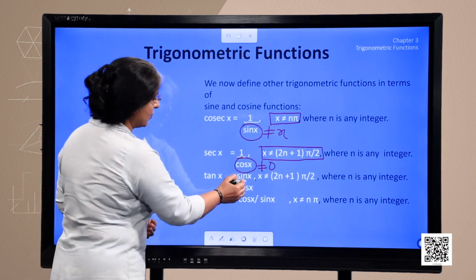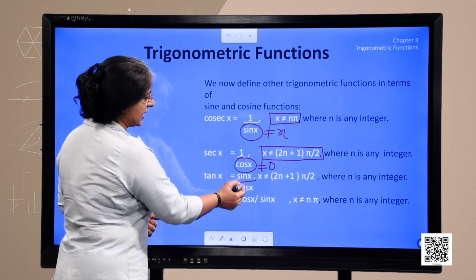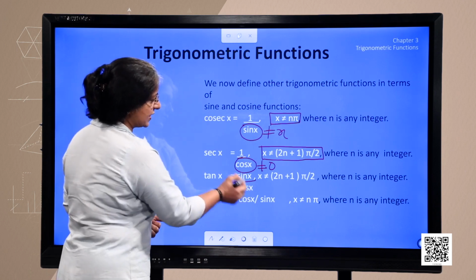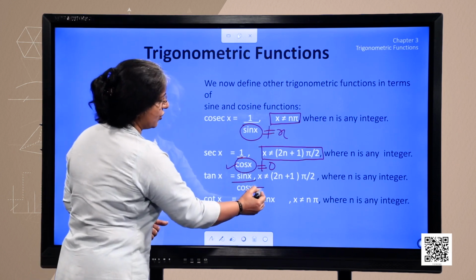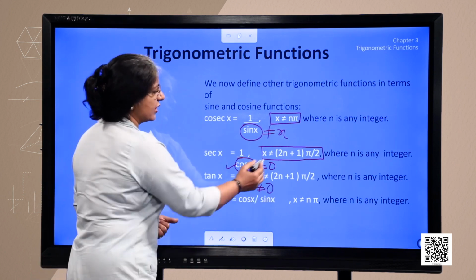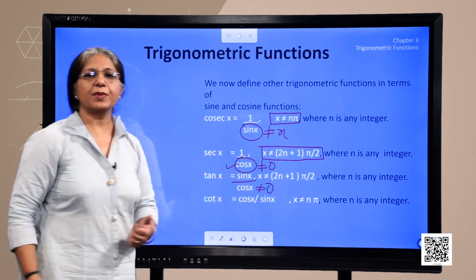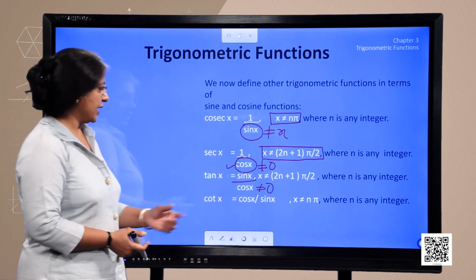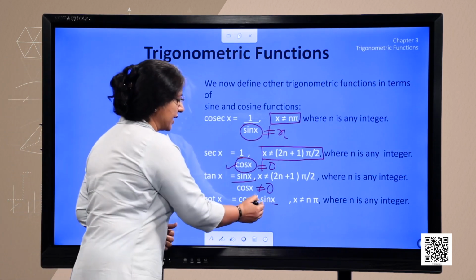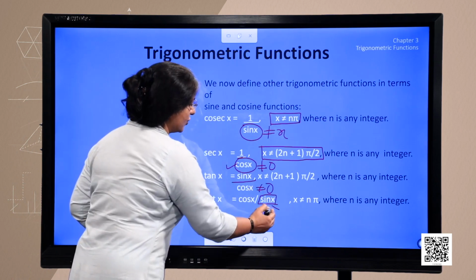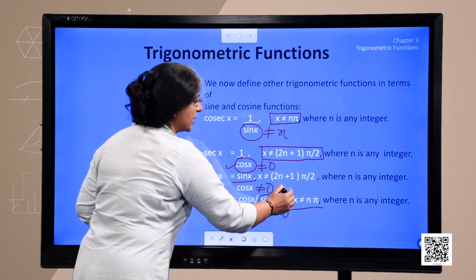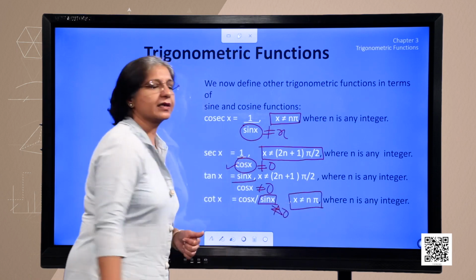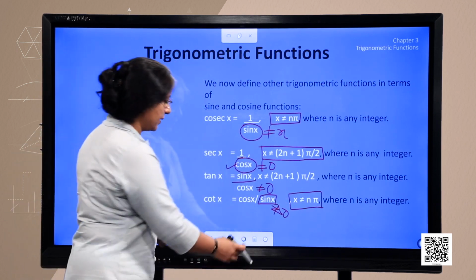Similarly, we can find out here tangent x is sin x upon cos x, where cos x is in the denominator. The same thing applies, cos should not be equal to 0. Therefore, x should not be an odd multiple of pi by 2. In case of cot x, the denominator sin x should not be equal to 0. Therefore, x should not be n pi, an integral multiple of pi.